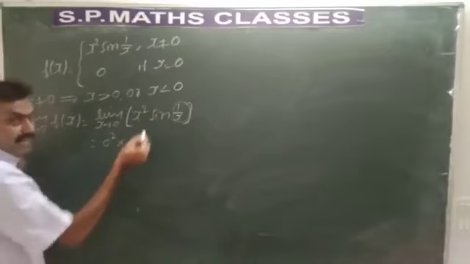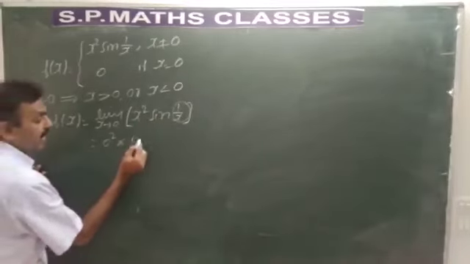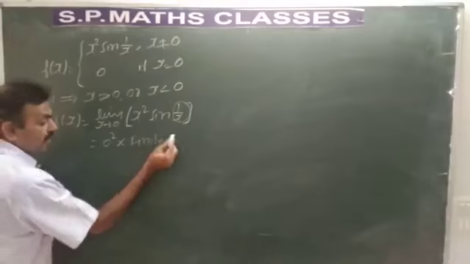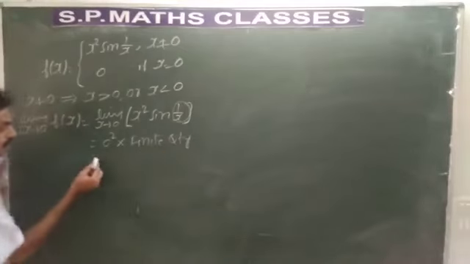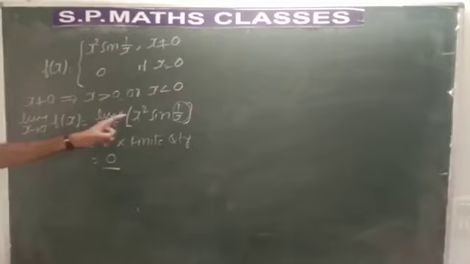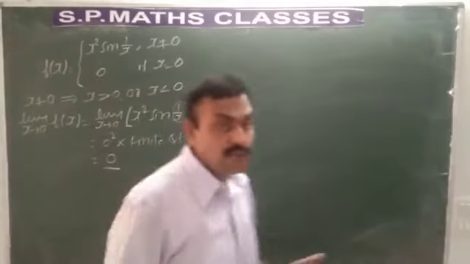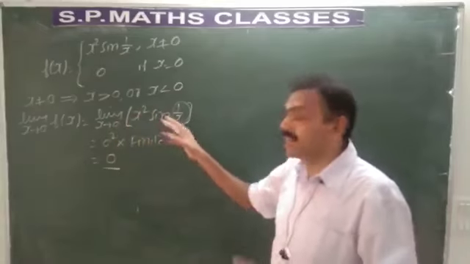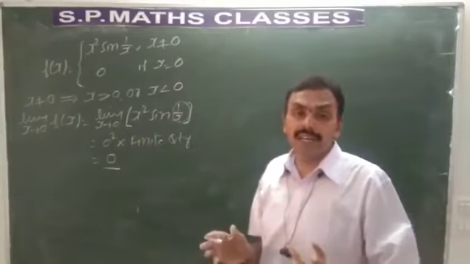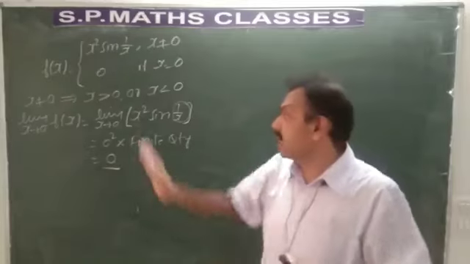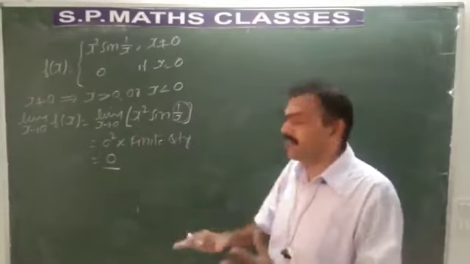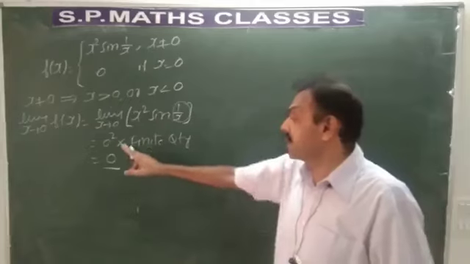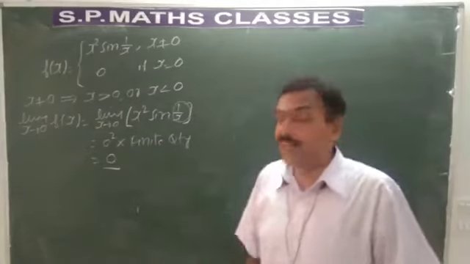So sine 1 by x is a finite quantity. 0 into a finite quantity is 0. This is a very crucial step. So substitute the limit: as x tends to 0, 0 squared into sine of a finite quantity, which is 0.